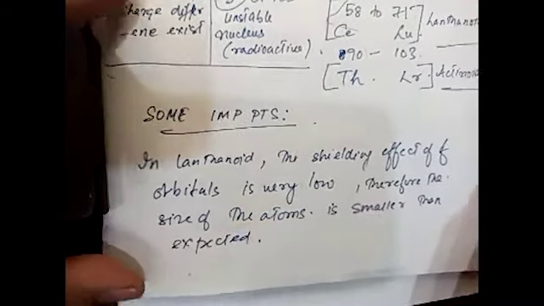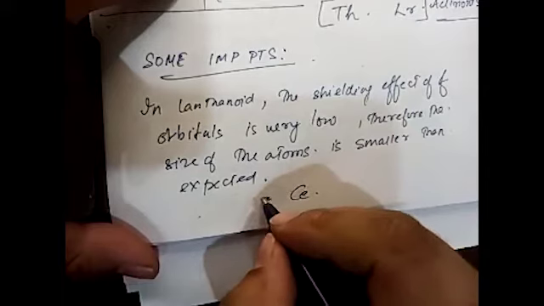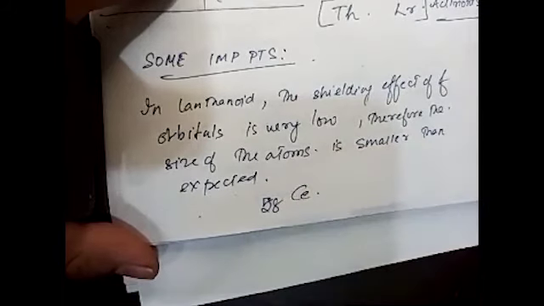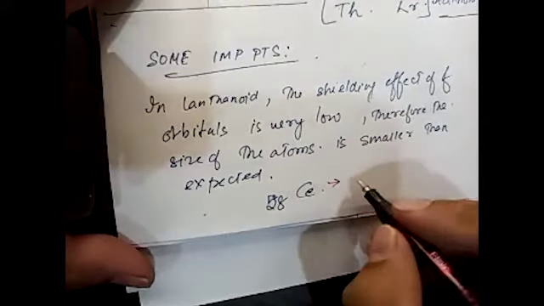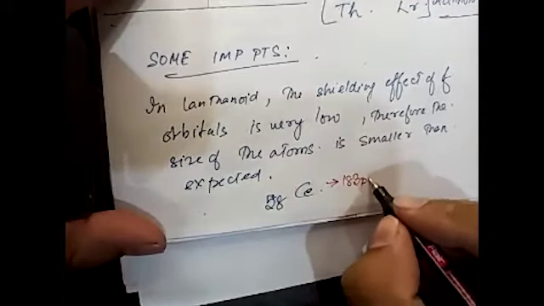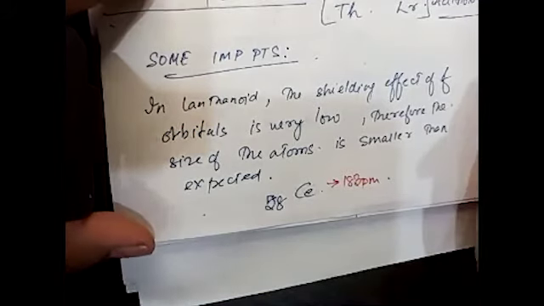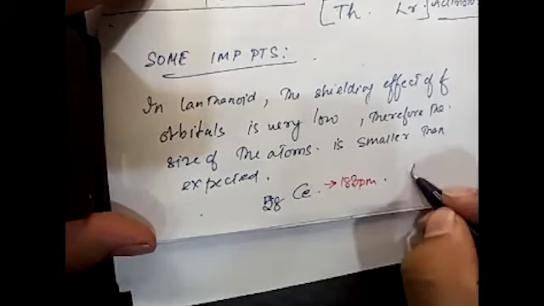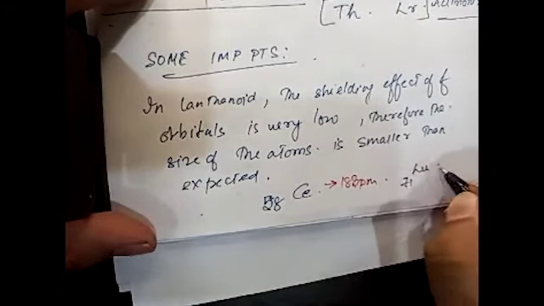Okay, and cerium to lutetium. Cerium has atomic number 58, and its atomic size is 183 picometer. And lutetium, the last element of the lanthanoid series, is 71.